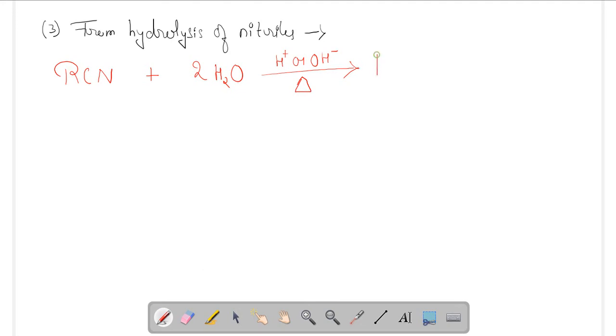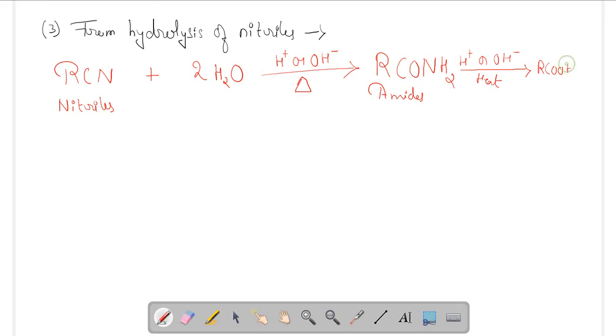So what will be found out here? Here first the nitriles will be converted to amides, and further these amides will be converted to carboxylic acid with the removal of ammonia gas.